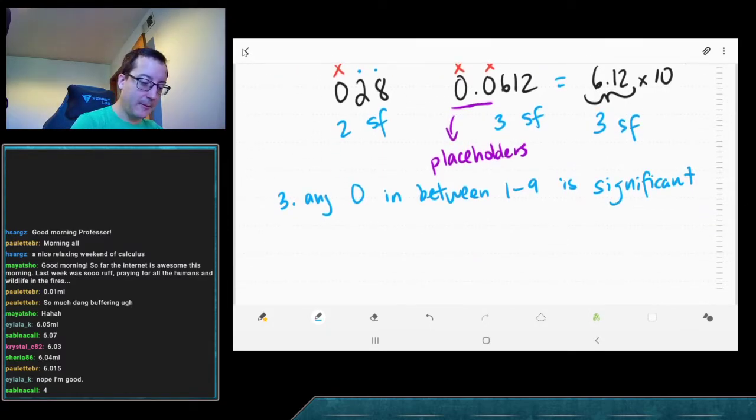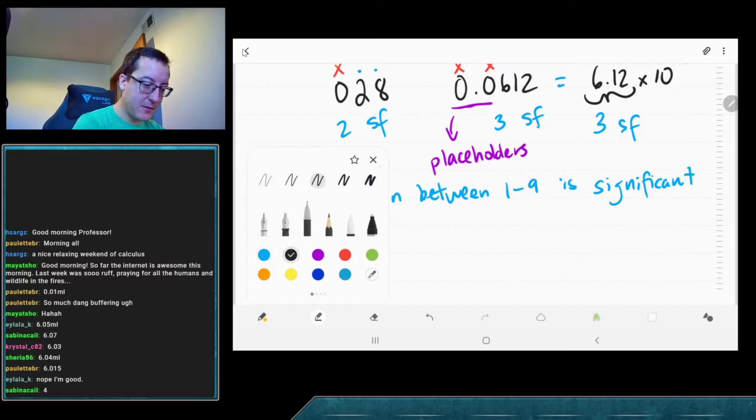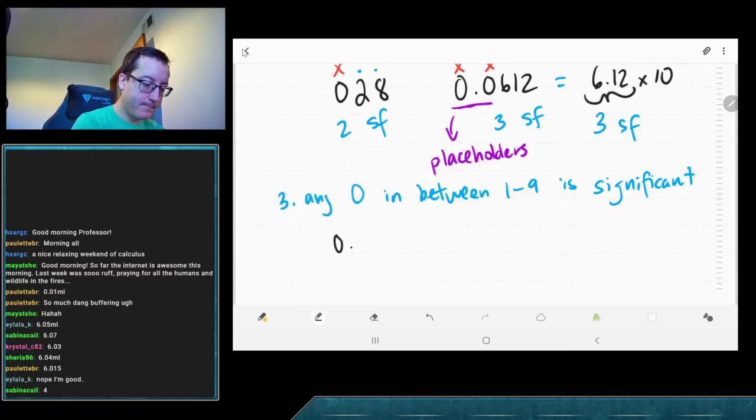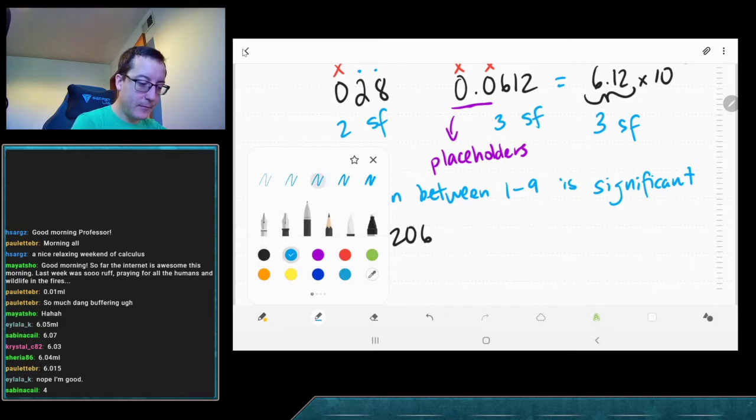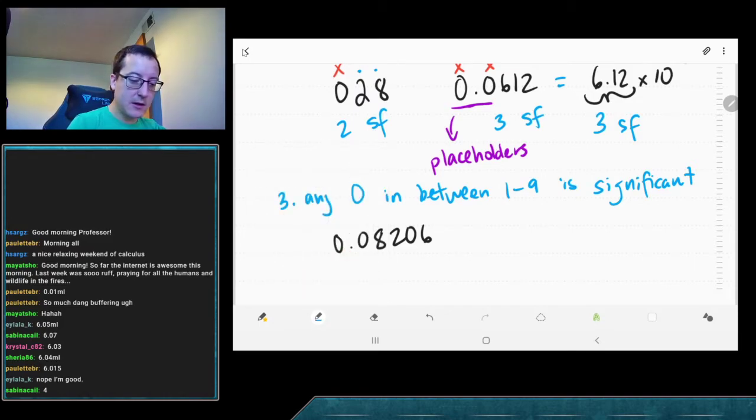And so, if we just go ahead and take some numbers here, we're going to see that, of course, our numbers 1 through 9 will be significant. Always, always.